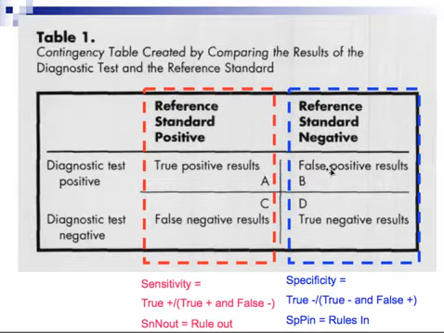So once we have established a chart like this, it's easy for us to look at the numbers and see, okay, if there's a lot of true positives, that's good. That means it's accurate. If there's a lot of true negatives, that's good. It means it's accurate for a negative test. Then we also get a sense of where the false positives are and how many of those are occurring, and then how many false negatives are occurring.